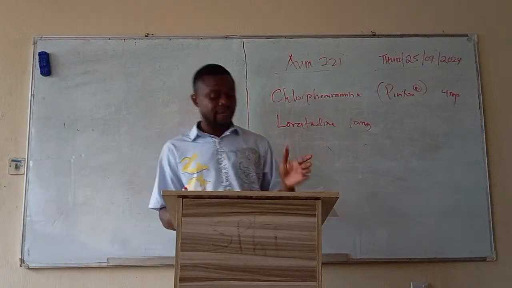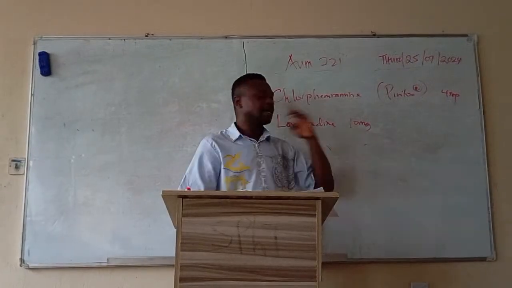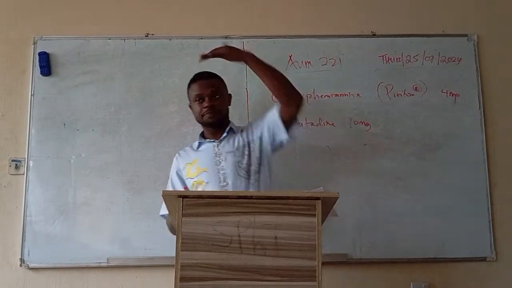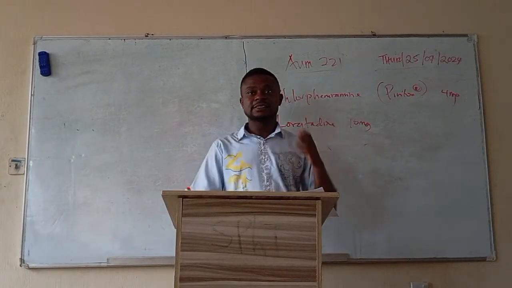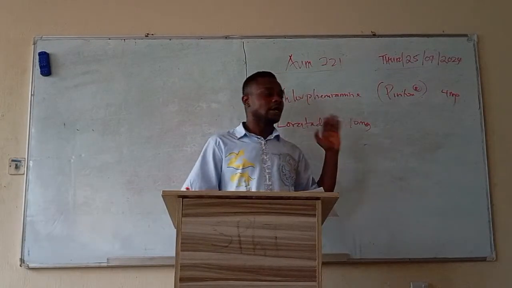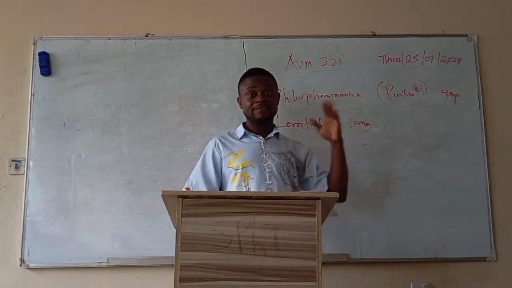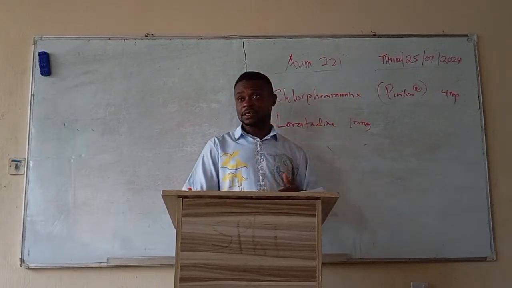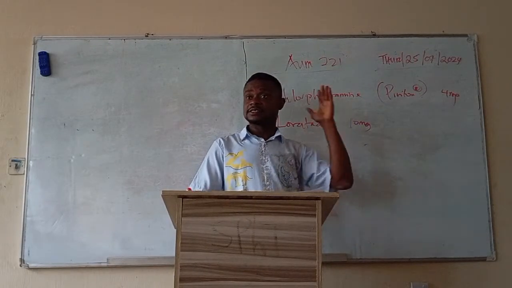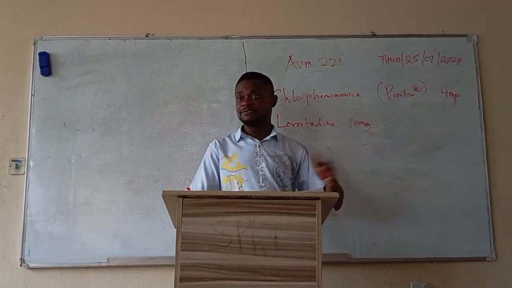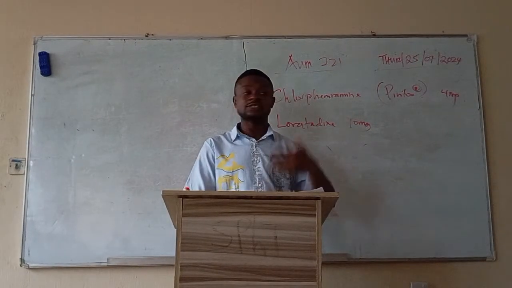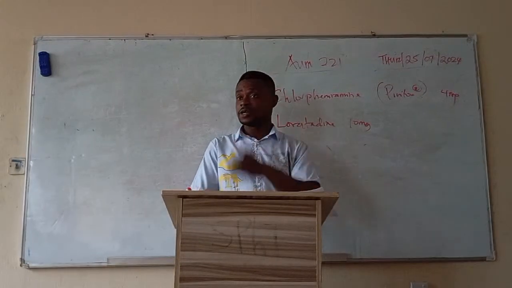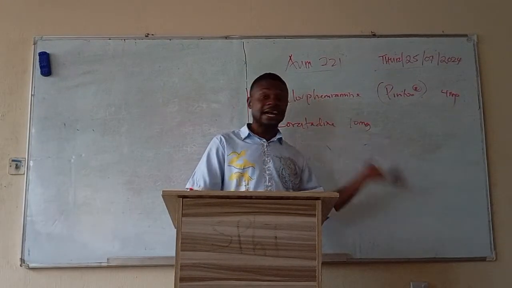Now, what of geriatric patients? Remember, geriatric is 60 and above. Remember that, right? In our first class, we listed different age groups, from neonates to infants, infant to child, younger child, older child, to adolescents, to adult, to elderly.